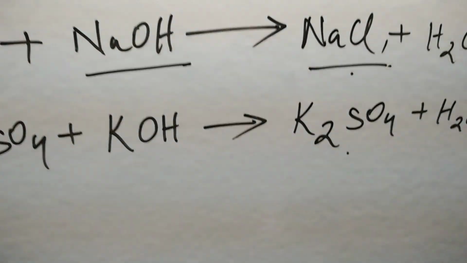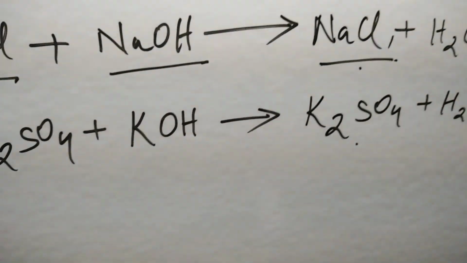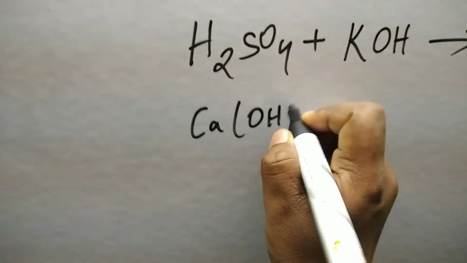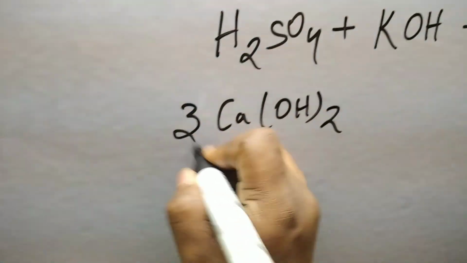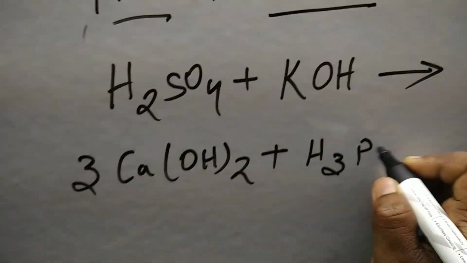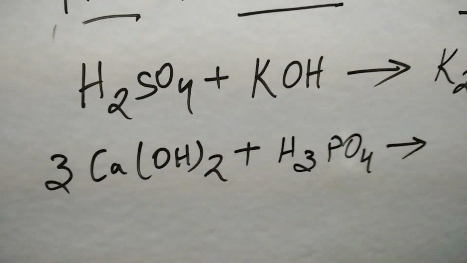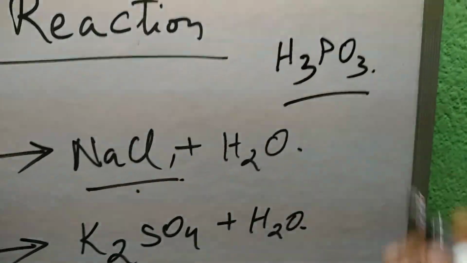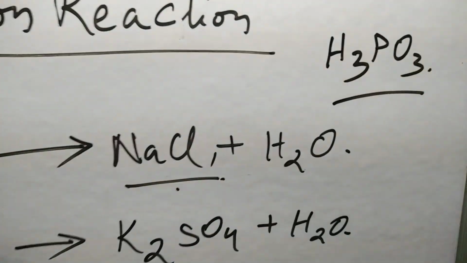Now let's see one funda. When calcium hydroxide reacts with phosphoric acid, see, this is phosphoric acid, and H3PO3 is phosphorus or orthophosphorous acid.